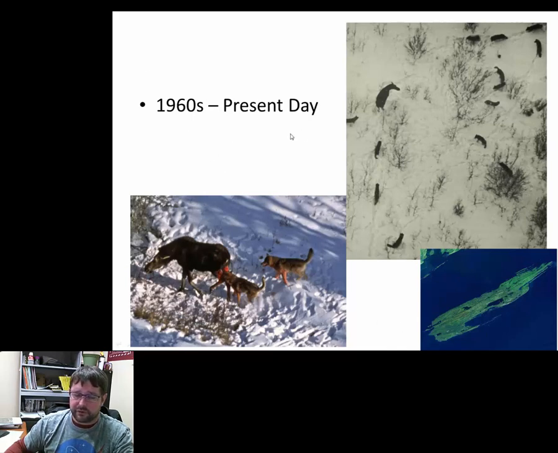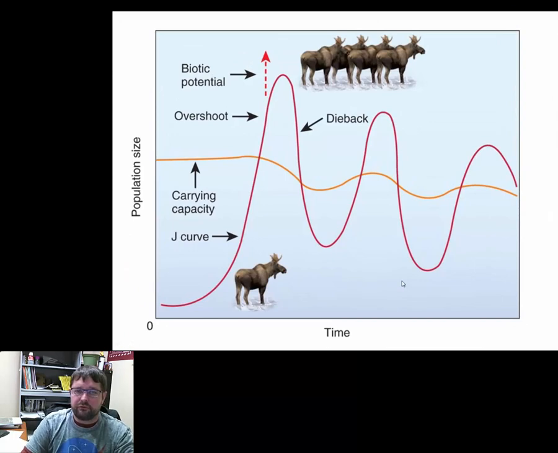And researchers have been looking since the 1960s. They've been tracking populations of moose and populations of wolves on this series of islands. And they've documented wolves feeding on moose. You can see these two pictures here. And what you see when you look at the numbers is this cyclic kind of boom and bust situation with the moose.